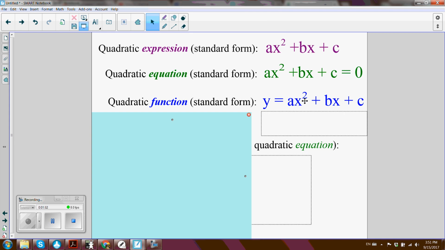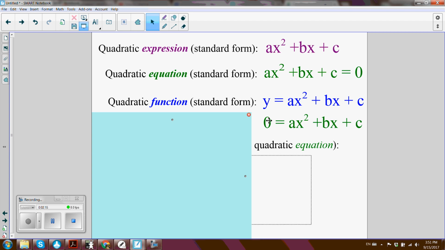Now, notice the only difference between the quadratic function and the quadratic equation is the 0 versus y. If I flip the equation around so that it reads 0 equals, then notice all we do to go from the quadratic function to the quadratic equation is set y equal to 0.